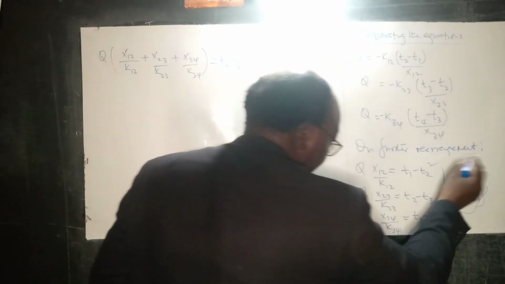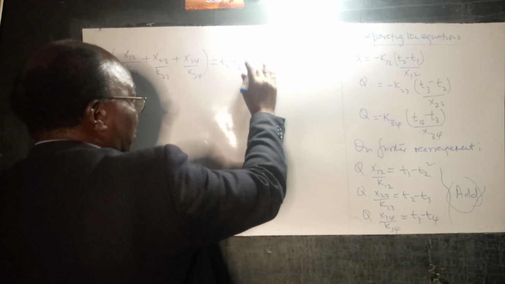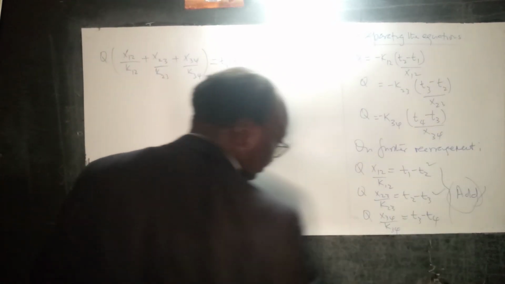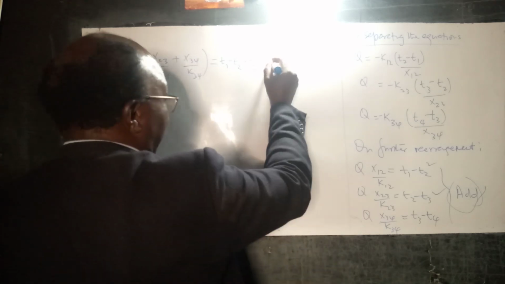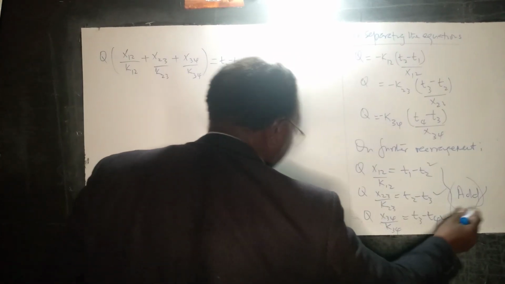So we are done with that one. Then we add this one, plus T2 minus T3. We're done with that one. Then plus T3 minus T4. We're done with that one.